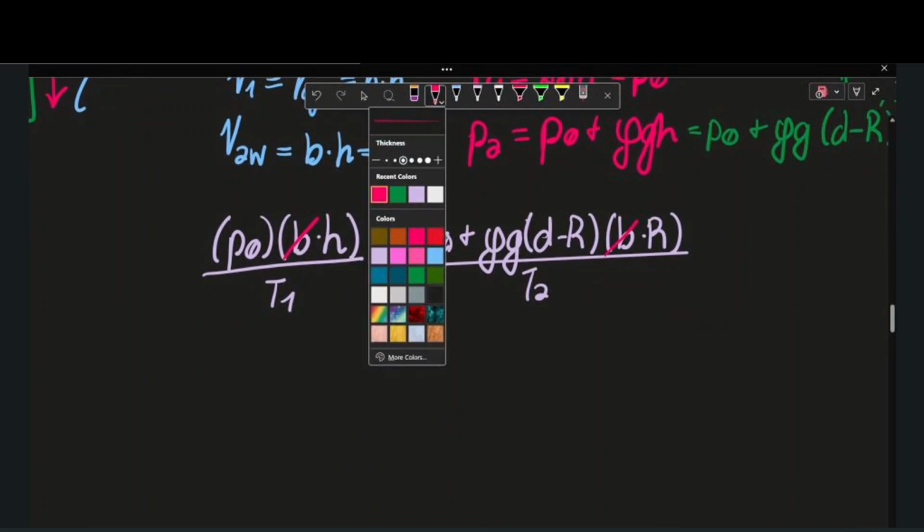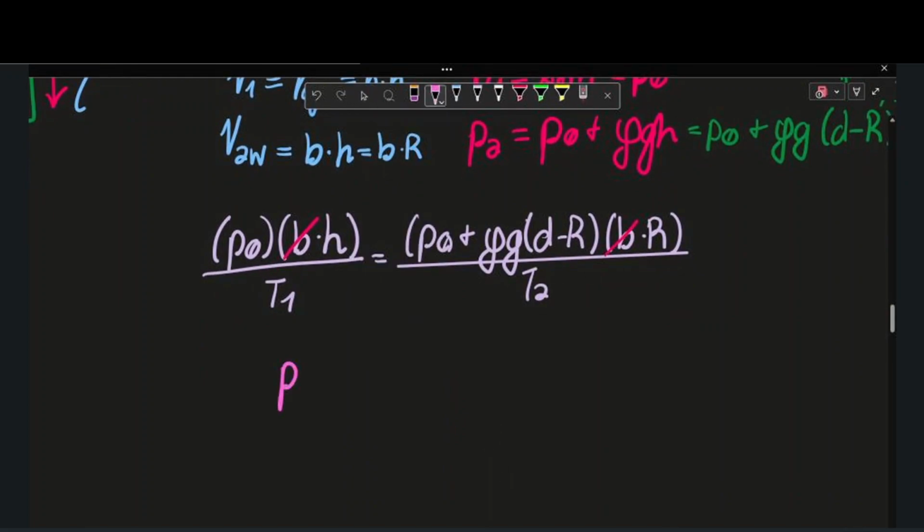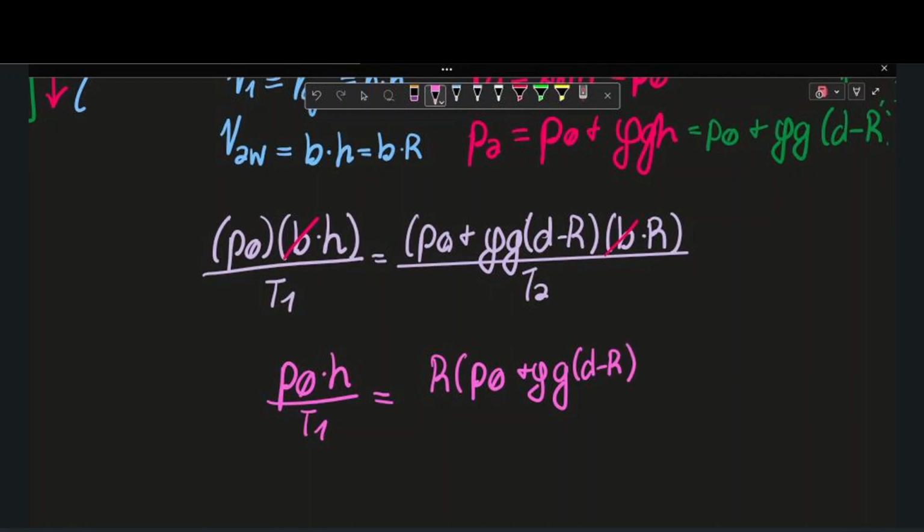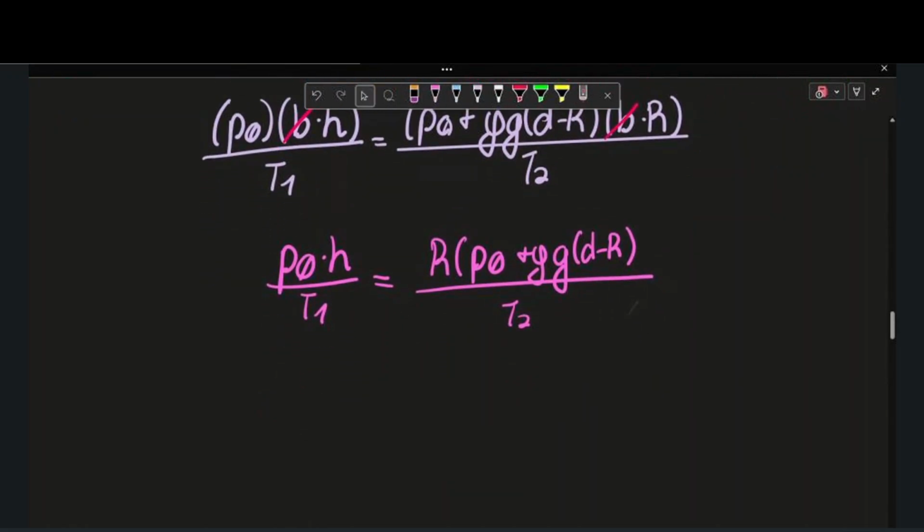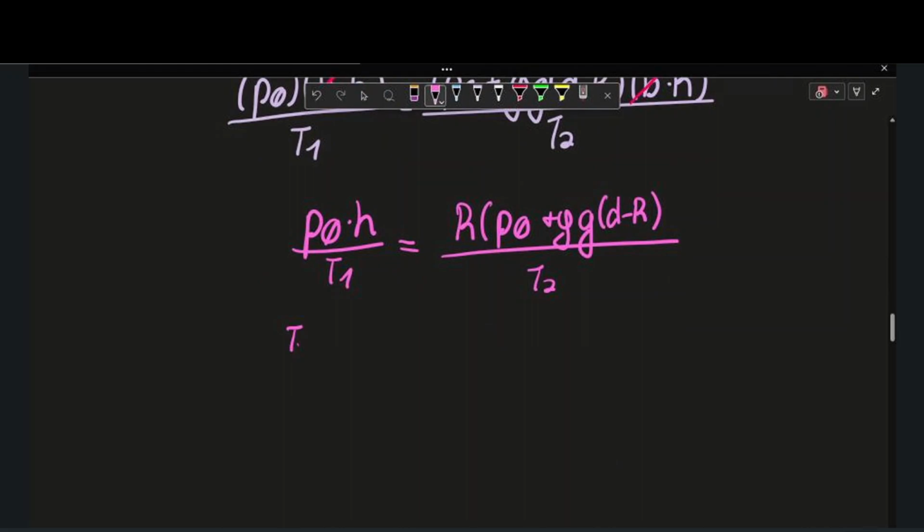And now from here it's just algebra. So P naught times H over T1 is equal to R times P naught plus rho g times D minus R, all over T2. So we have T2 over T1 times P naught H is equal to P naught R plus rho g R times D minus R.